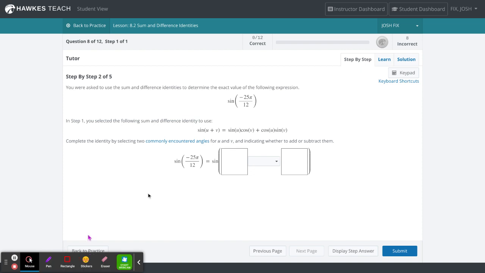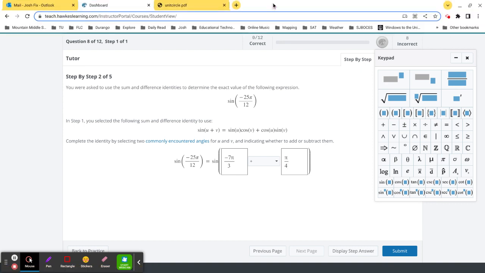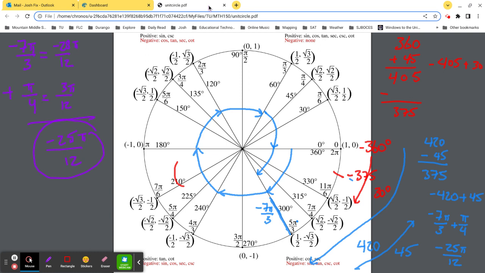So I'm going to take an addition sign, use my keypad, and start typing this in. So that would be negative 7 pi over 3, and then pi over 4. And like I said, that's using these numbers down here in the blue.